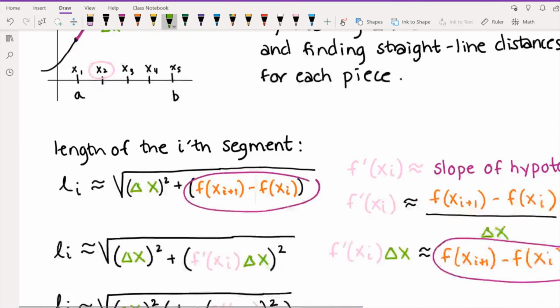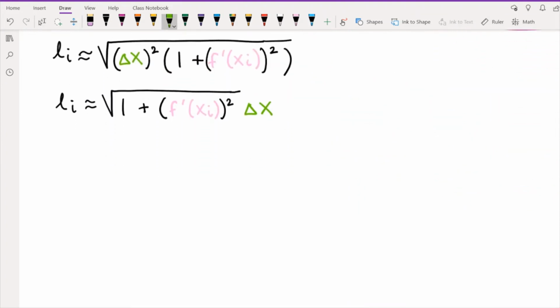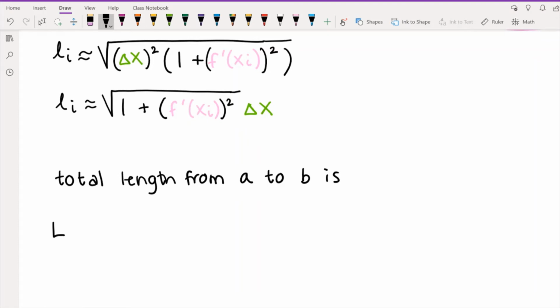So the total length from A to B, let's call it L, is approximately equal to the sum from 1 to n of all of these segments, adding up all of the different line segments.